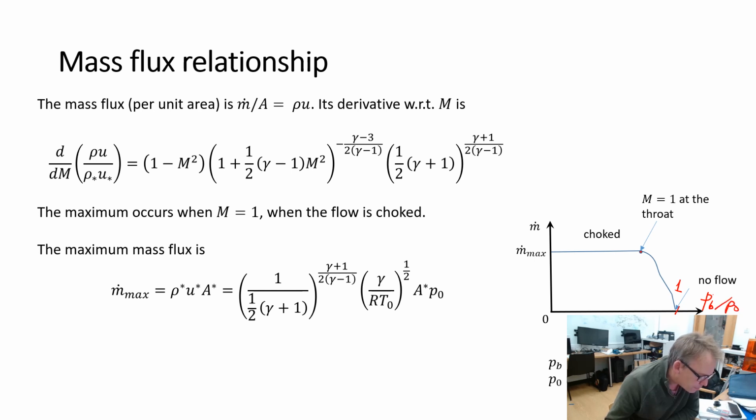PB is the back pressure, P naught is the reservoir pressure, and this value must be 1 underneath my video recording. Now the critical thing about this type of flow is that the flow through the system is determined by the pressure differential, the pressure ratio between essentially the reservoir and the back pressure.